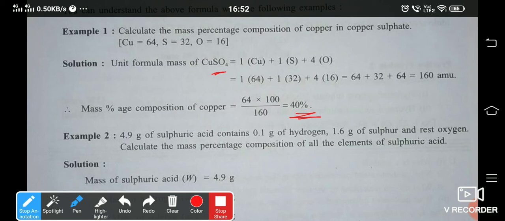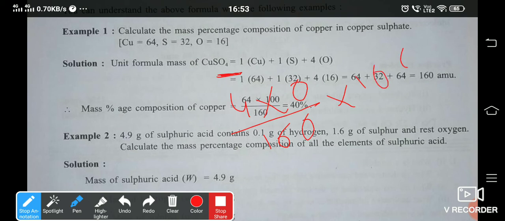I believe everyone understands this. As we have only three elements, I know the percentage of copper, I calculated the percentage of sulfur, so the remaining would be the percentage of oxygen. But let's do it in a numerical way so that we are clear. Now we have 4 atoms of oxygen, so it will become 4 into O upon molecular mass, 160, into 100.